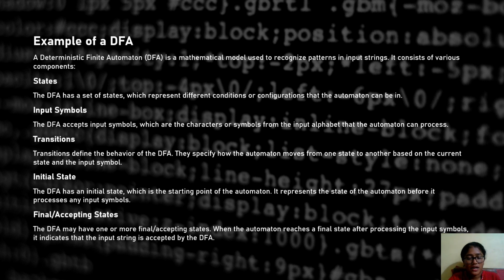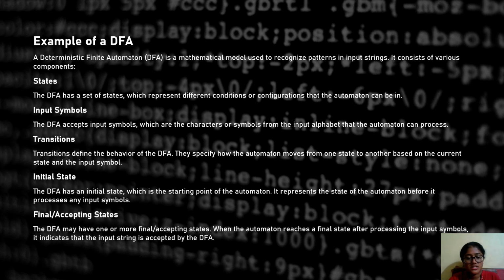Transitions define the behavior of a DFA. They specify how the automaton moves from one state to another based on the current state and input symbol. Initial state: the DFA has an initial state, which is the starting point of an automaton. It represents the state of an automaton before it processes an input symbol.